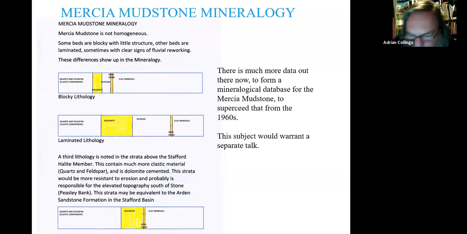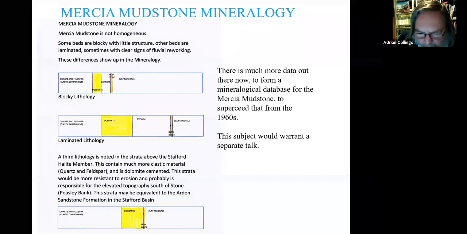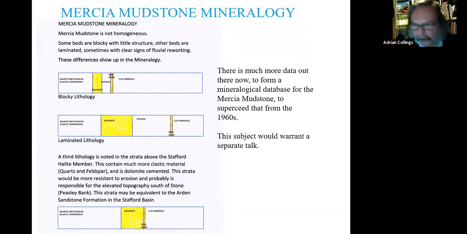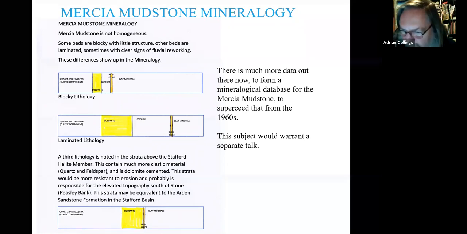And it's possible this strata might be equivalent to the Arden Sandstone Formation in the Stafford Basin. There is much more data out there now to form a mineralogical database for the Mercia Mudstone to supersede significantly that from the 1960s. This subject would warrant a separate talk.